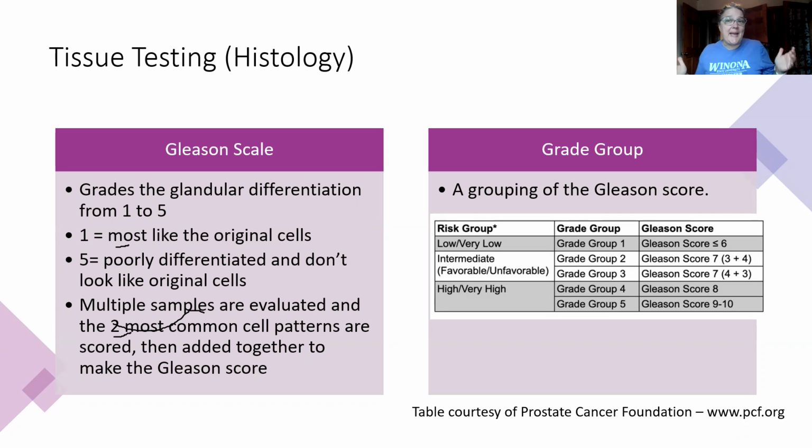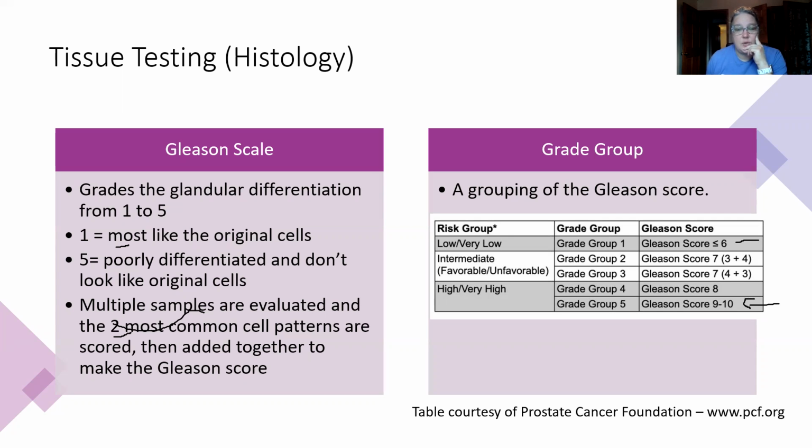So they'll put together like 10 or 15 histology slides, find the 2 most common patterns out of those, and add those scores together to get the Gleason score. A Gleason score of less than 6 is associated with very low risk, all the way up to a Gleason score of grade 9 or 10. They do have grade groups associated with this as well.